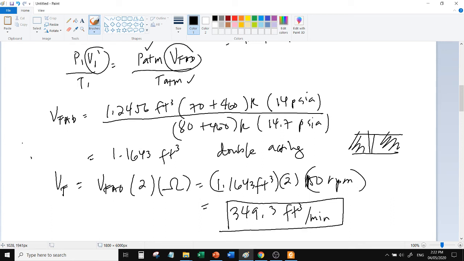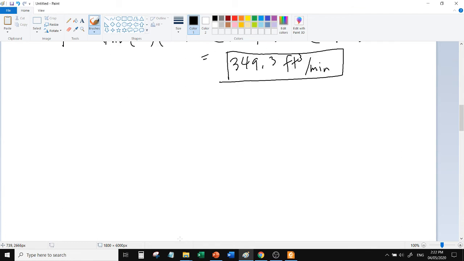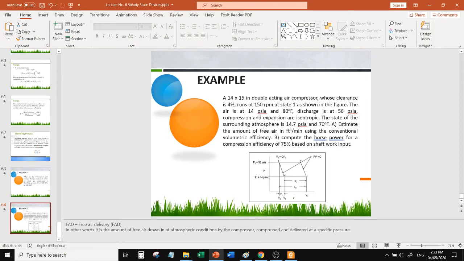Okay, that's letter A. Letter B. Ang tinatanong sa letter B naman is horsepower based on 75% efficiency. Tama ba? Based on compression efficiency na 75% based on shaft work input.